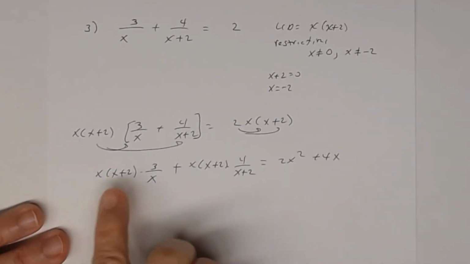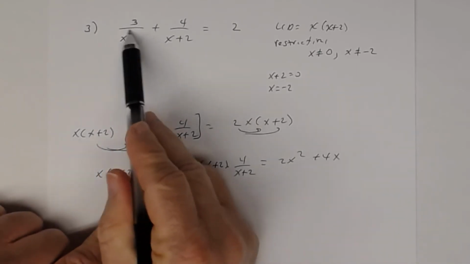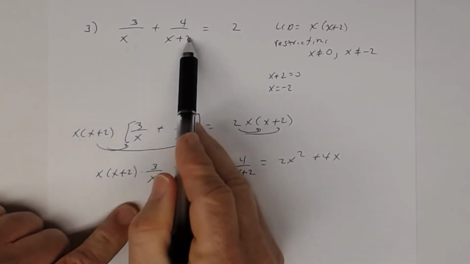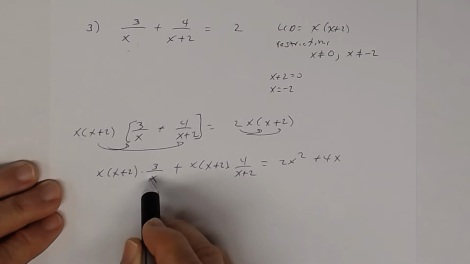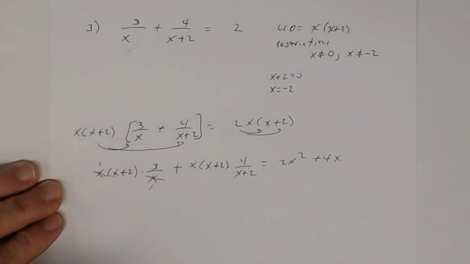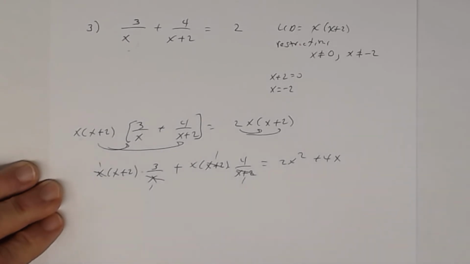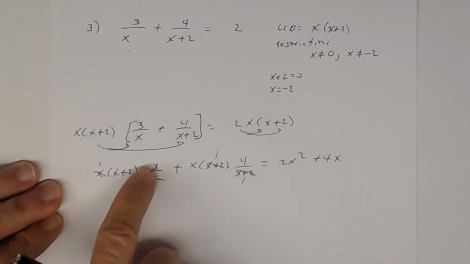Now remember, the whole point of multiplying by the LCD is to clear your fractions, to get these denominators to be factors of 1. So when I do that, these x's now divide out. These factors of x plus 2 divide out. And so I have 1 times x plus 2 times 3.